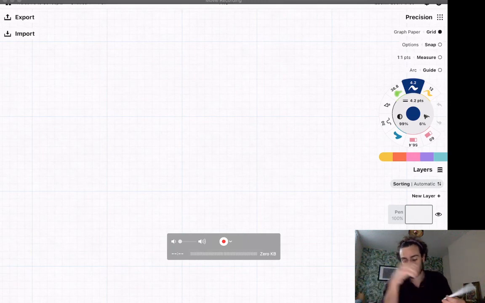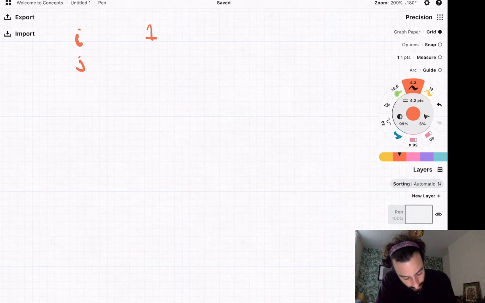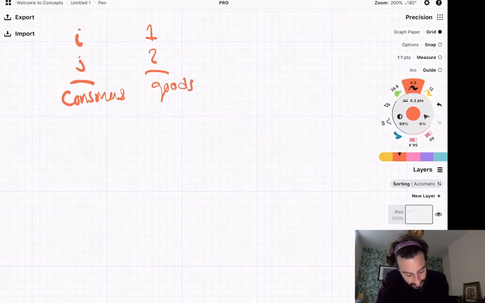Let's talk about consumers. There's consumer I and consumer J, and there's good 1 and good 2. So these are our consumers, and these are our goods. Now, we can represent, as we've always done, the consumers with indifference curves and budget sets in a two-dimensional plane.